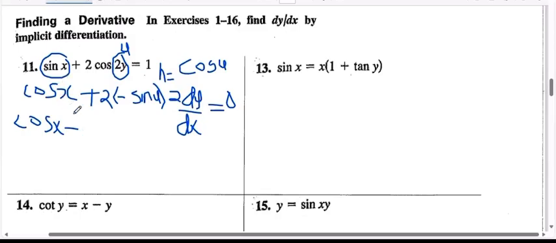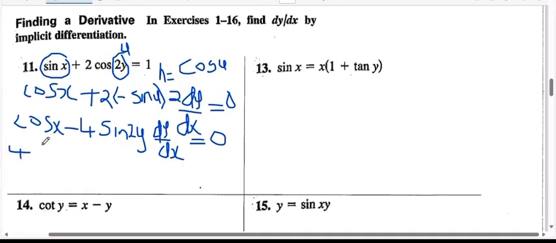Now sine, instead of u, our u is 2y. I'm going to have sine 2y, then dy/dx equal to 0, right?